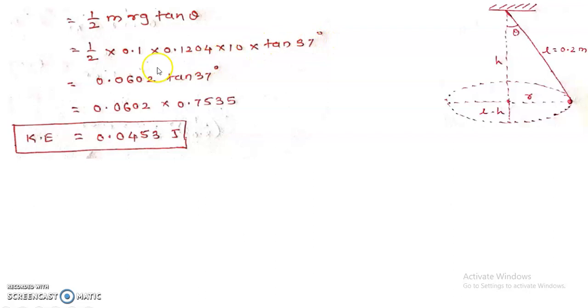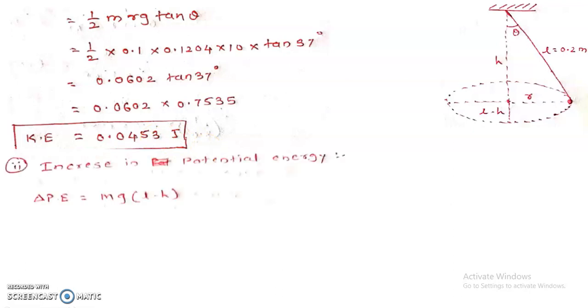After solving this we get 0.0602 into tan 37. Tan 37 is 0.7535. So we get the kinetic energy as 0.0453 joule.